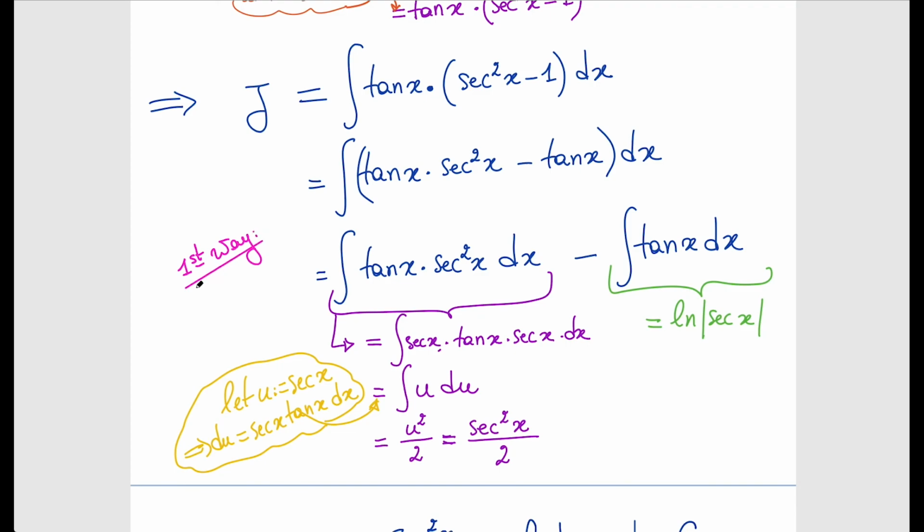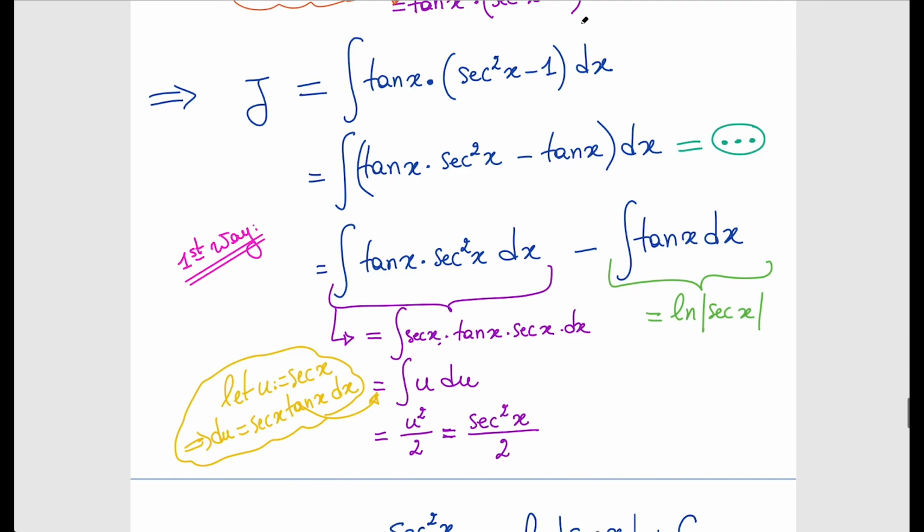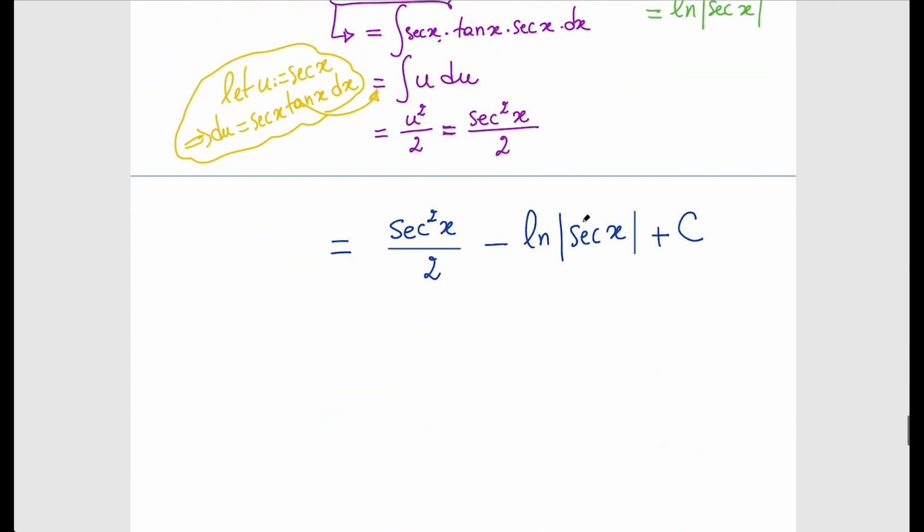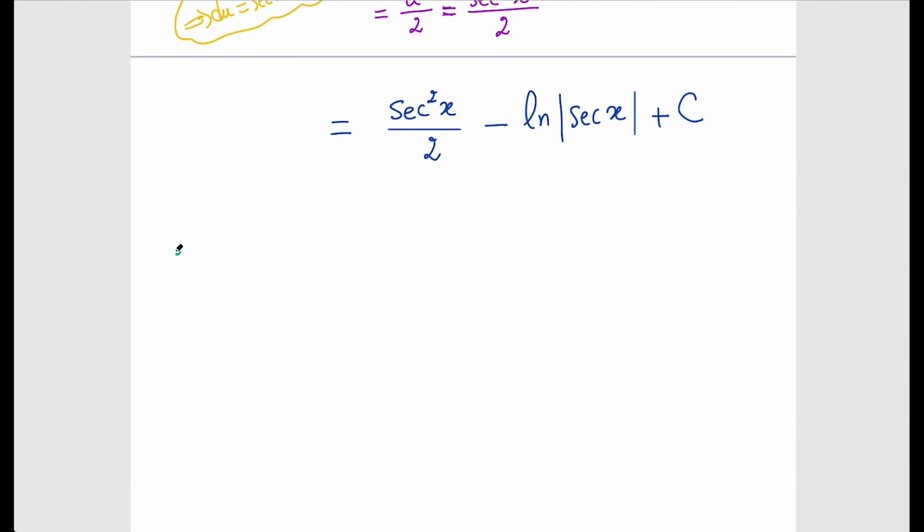So this is our first way to do this. And now if you want to do this in a different way, let me put three dots here and continue it here. That would be the second way.